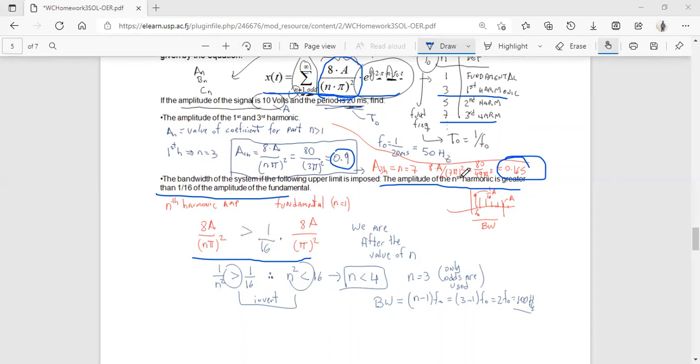Now we need to find this nth harmonic in order to find our bandwidth. So we solve for n, and we get n is less than 4.